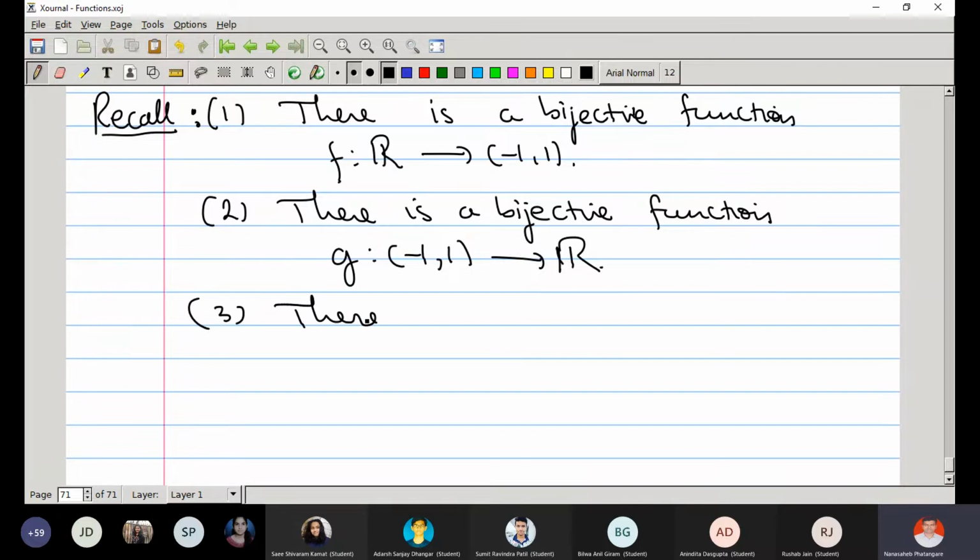So there is a bijective function from an interval to an interval, correct?